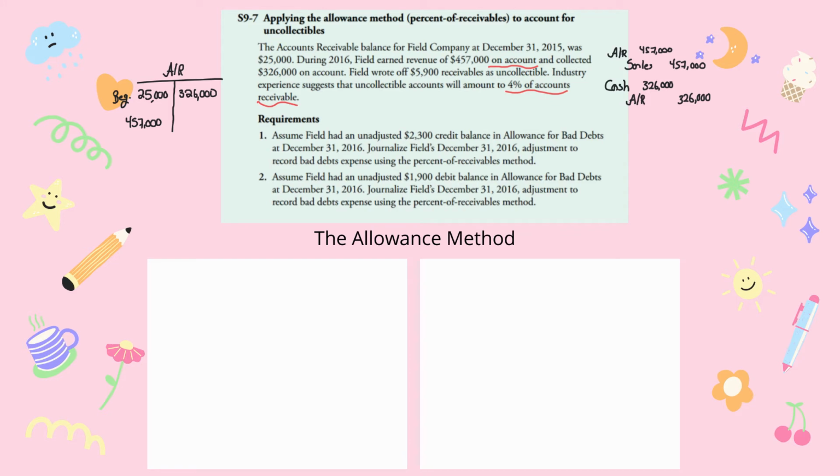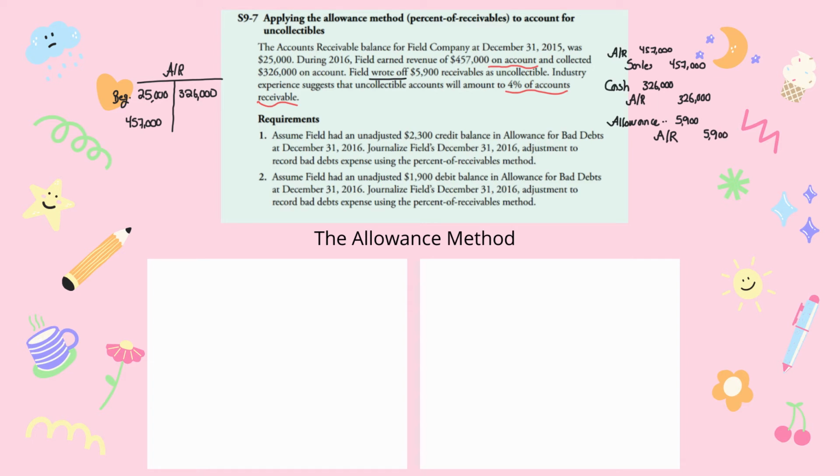Field wrote off 5,900 receivables as uncollectable. So the write off under the allowance method is gonna be allowance for bad debt on the debit side, to accounts receivable on the credit side, by 5,900.